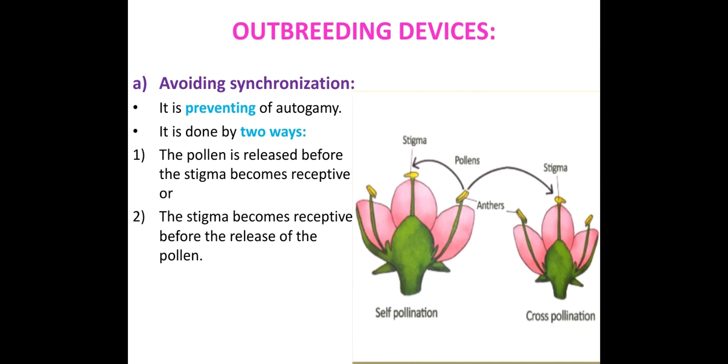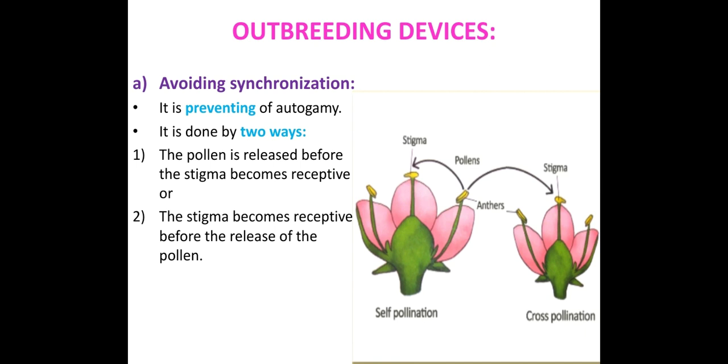Autogamy is nothing but self pollination. That means transfer of the pollen grains from the anther to the stigma of the same flower is called autogamy or self pollination. So this is prevented. It can be done in 2 ways. What is the first way here? The pollen is released before the stigma becomes receptive.